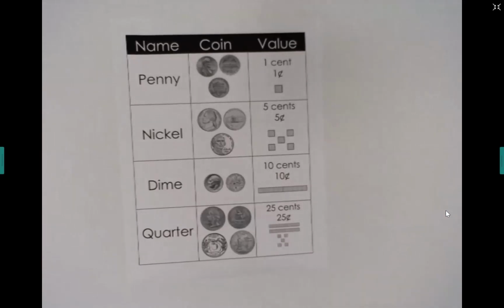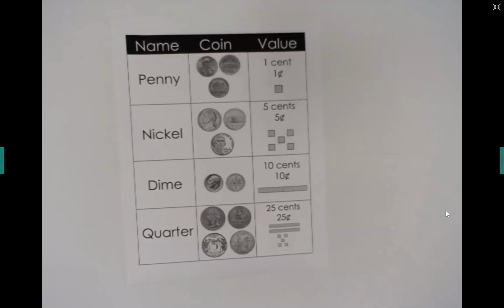And you can see that the value is also represented with base 10 blocks, which is what we will be using as one of our instructional strategies when we are counting like sets of coins, the value of those like sets of coins, and then comparing which value of coins is greater or less or possibly equal to the other set.